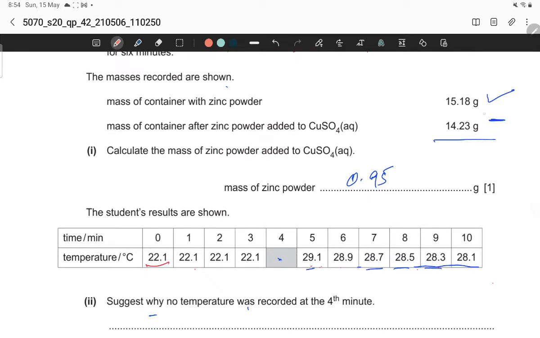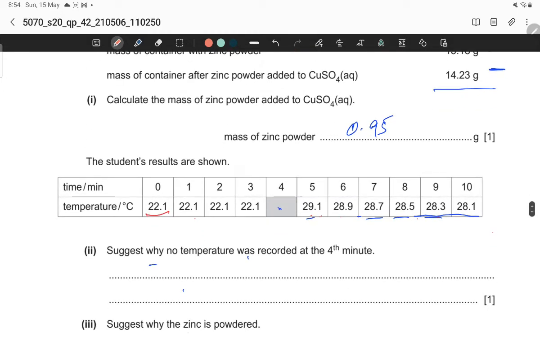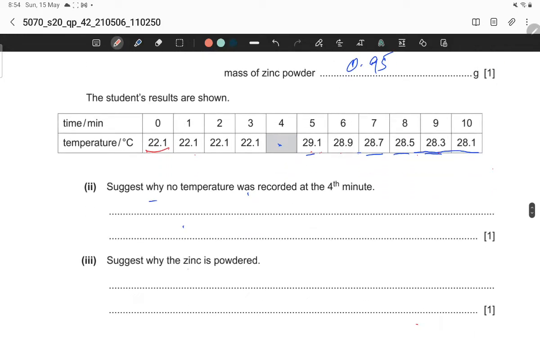Mass of container with zinc powder is 15.18 gram. Mass of container after zinc powder is added to copper(II) sulfate; the difference will be 0.95. The results are shown for 0, 1, 2, 3, 4, 5, 6, 7, 8, 9, 10 minutes, and this is the temperature change: 22.2, 22.1, 22.1, and then 29.1, 28.9, 28.7, 28.5, 28.3 and 28.